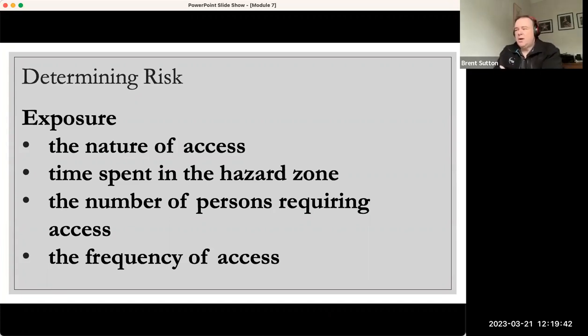How long people have to spend in that hazard zone, how many people need to be in that zone, and how often they have to be in that zone as well. Those are all the factors that make up exposure. And exposure is then referenced as being sort of constant, hourly, daily, weekly, or monthly.